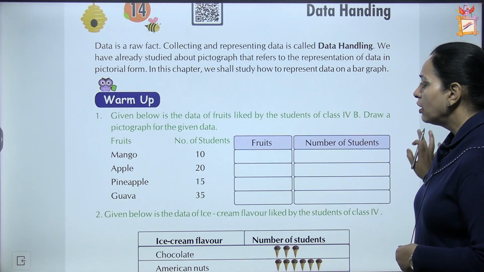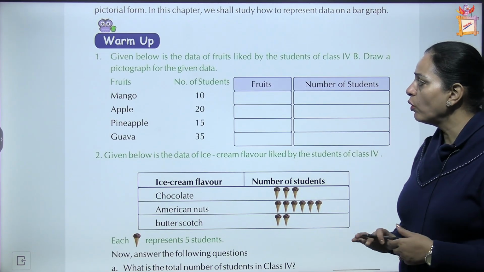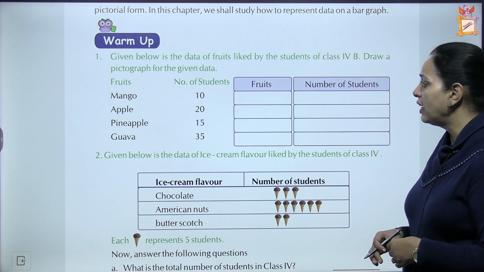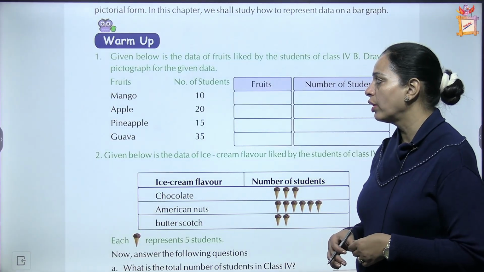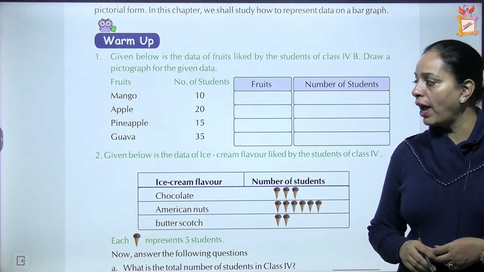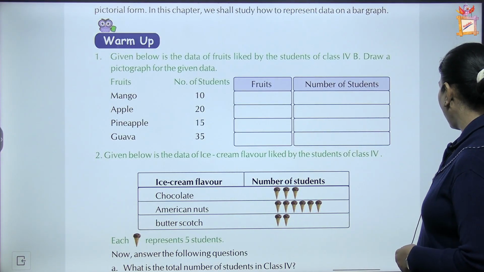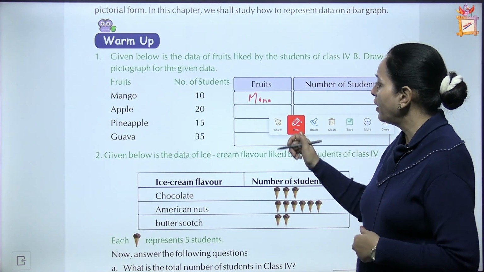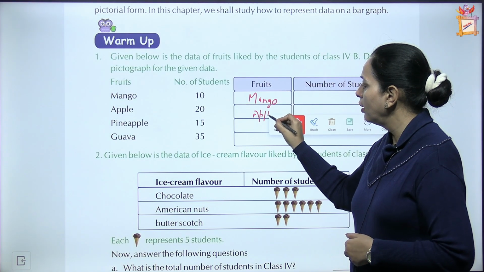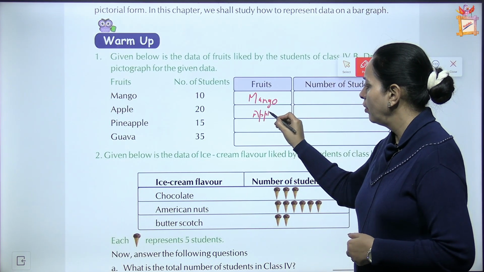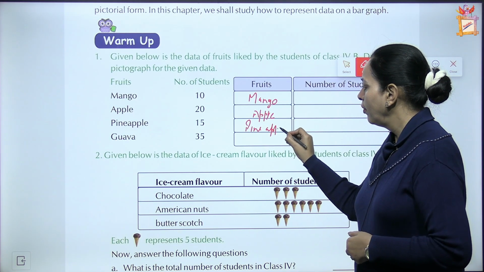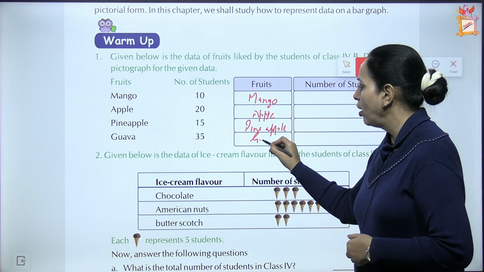So warm up, the first question given below is the data of fruits liked by the students of class 4B. Draw a pictograph for the given data. So fruits here and number of students. So mango, how many students like mango? 10. So first write here name of fruits: mango, apple, pineapple and guava.